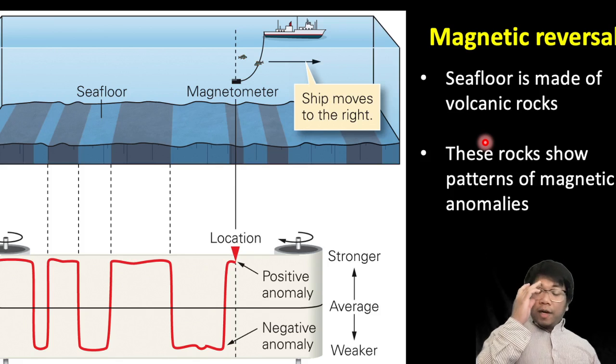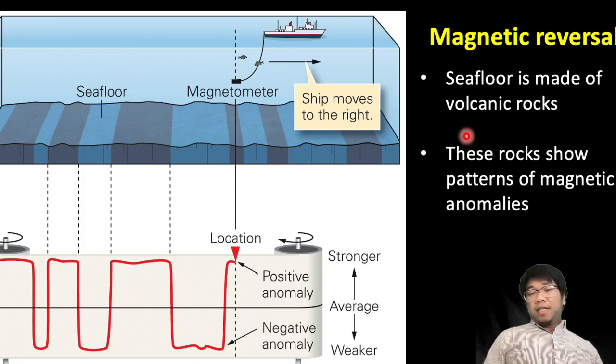Now, the same observation can also be done on the seafloor. Okay, the reason for this is because the seafloor is made of volcanic rocks. I know we haven't really learned about volcanic rocks yet, but for now, they're made of the same stuff that we saw in volcanoes, in the previous figure.